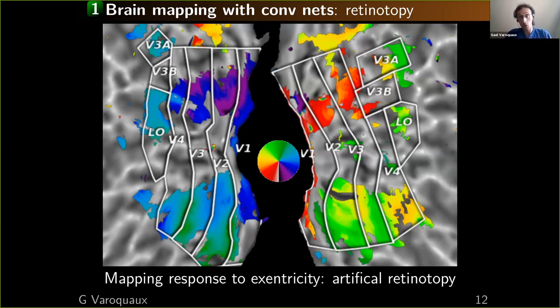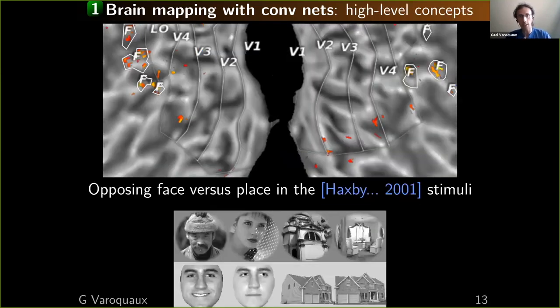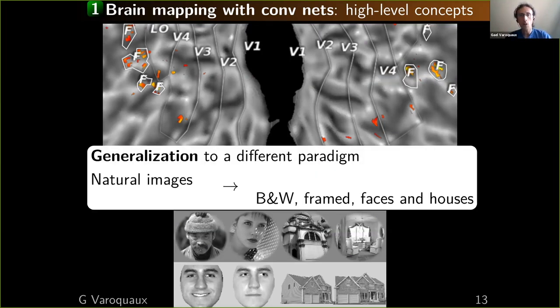We can also do standard experiments such as contrasting faces and places. Based on our model, we find that it predicts a difference between faces and places in areas such as the FFA and the PPA, so in the corresponding areas of the brain. So why is this interesting? It's interesting because it's giving us a strong generalization.